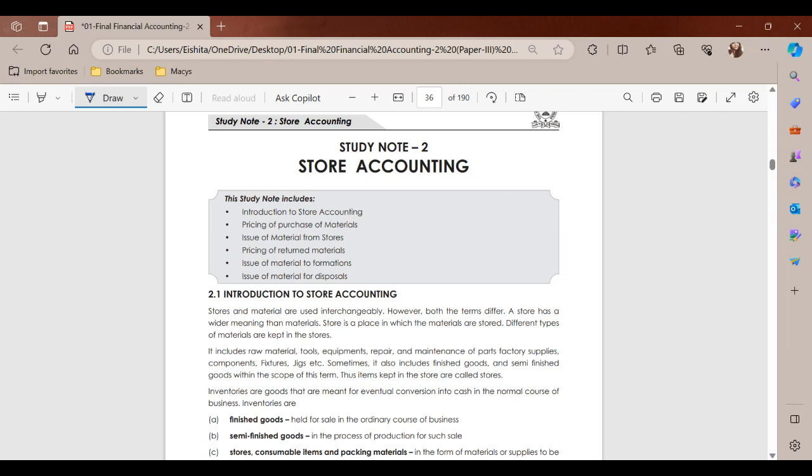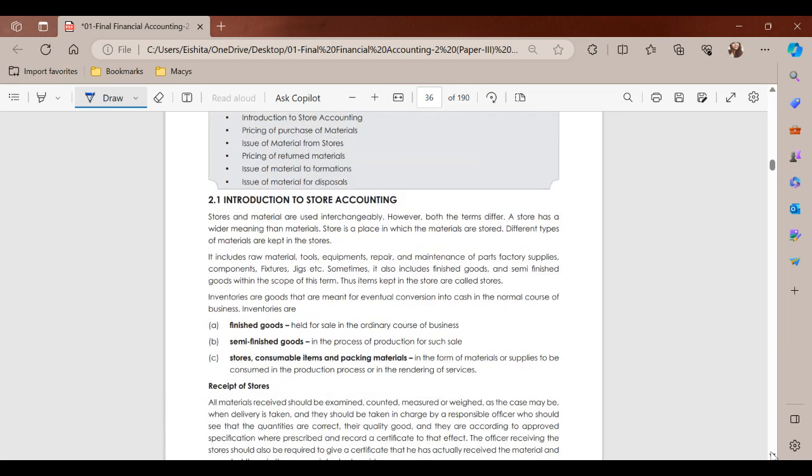Inventories are goods that are meant for eventual conversion into cash in the normal course of business. Inventories are of the following types. One, finished goods, held for sale in the ordinary course of business.